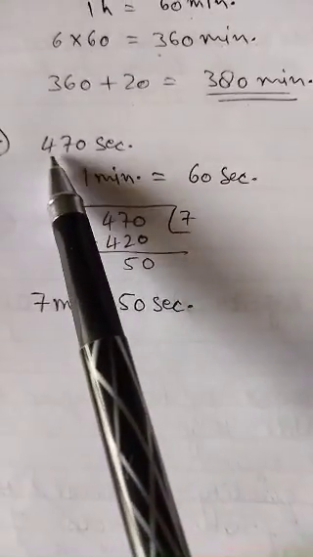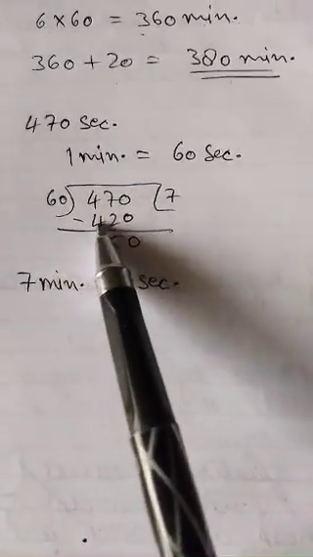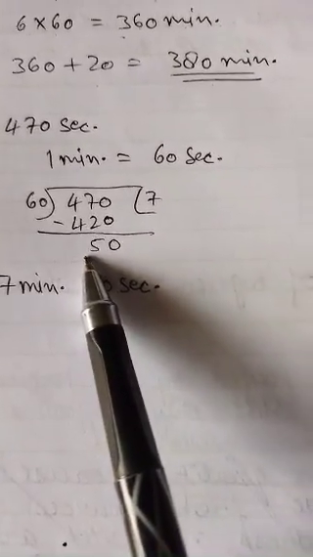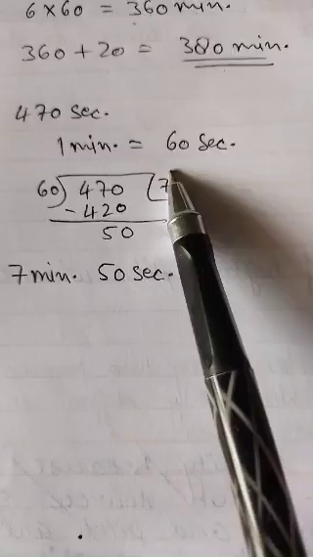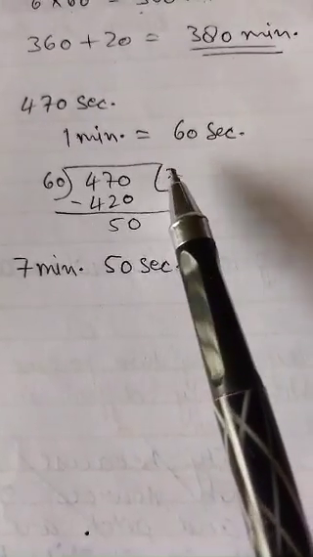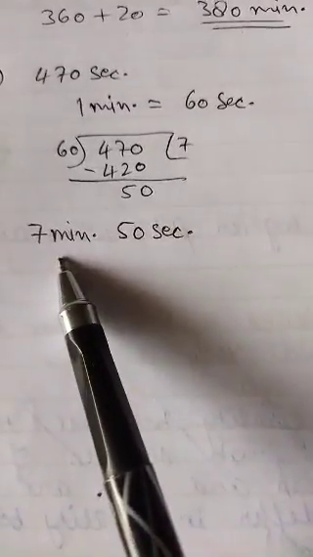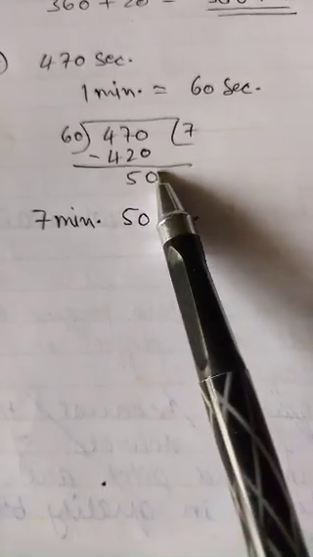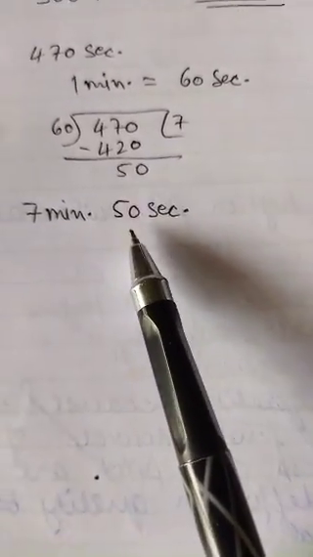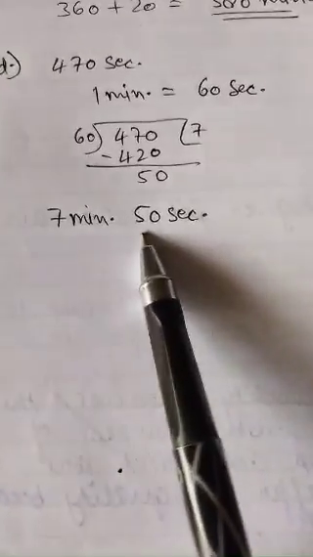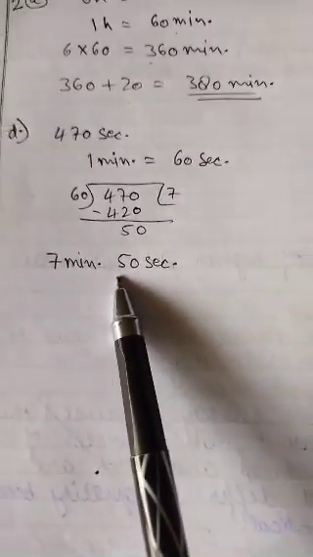Then you will divide the given number by 60. Then you will get remainder 50. Now what you get here will be your first unit, and the first unit was minute. So 7 minutes. Then the remainder will always be the second unit, and the second unit was second. So 50 seconds. So this is your answer. This is how you have to solve.